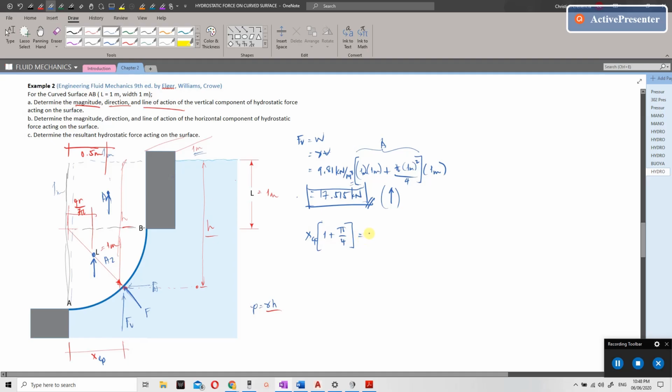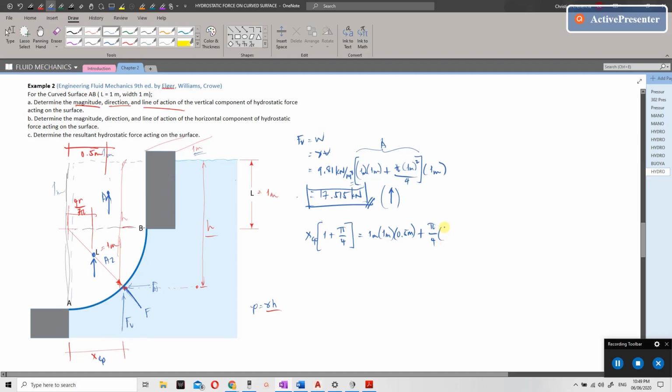the area 1, which is 1 meter by 1 meter, then the moment arm, or the distance of the centroid of that area, is 0.5 meter, plus the quarter of a circle. Its area is pi times 1 squared, which is 1, so pi over 4.